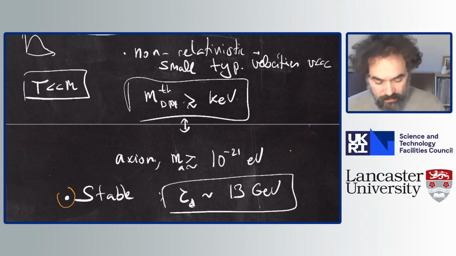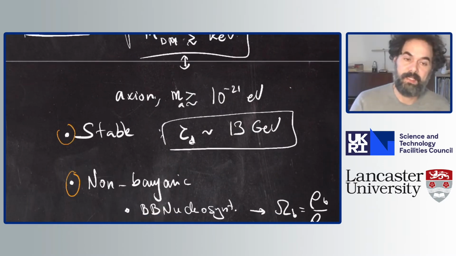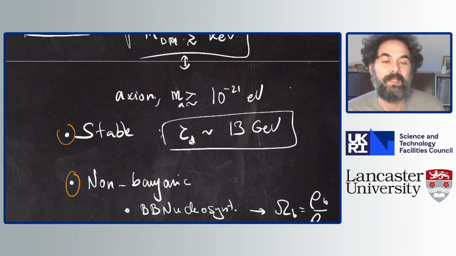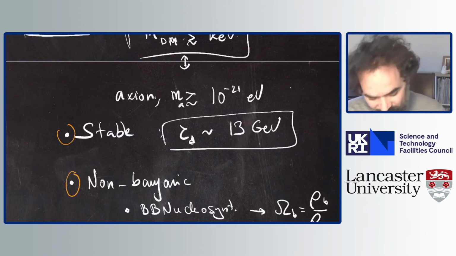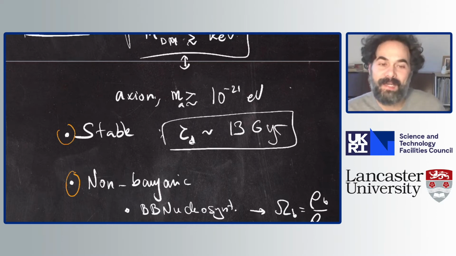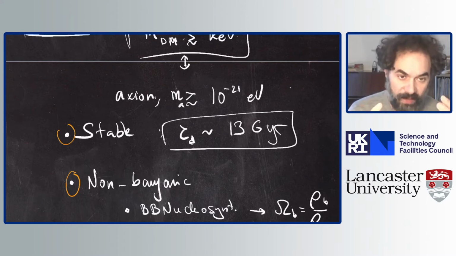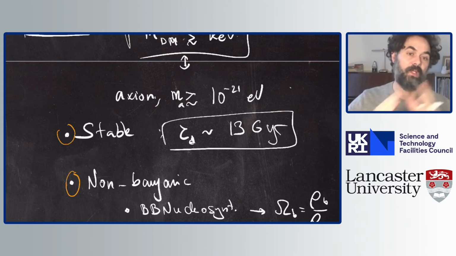The next thing about dark matter is that it has to be stable. That means that it has to live for at least the order of magnitude of the age of the universe, 13 giga years, not giga electron volts, of course. This is because it has to act as a cold dark matter source for enough time to go from the CMB, remember, to today's structure.